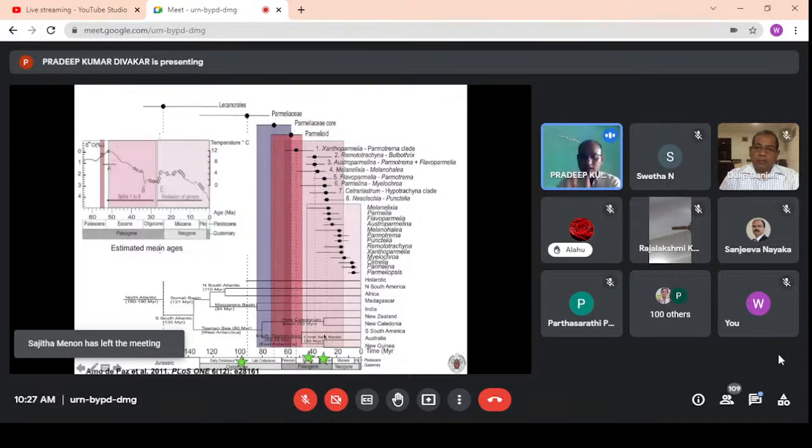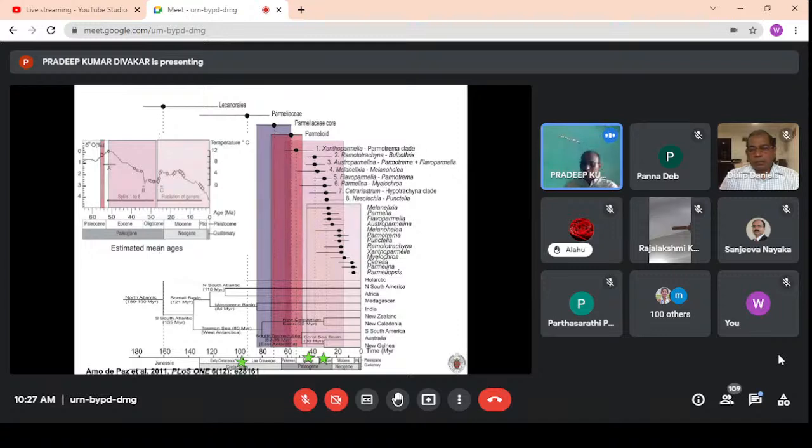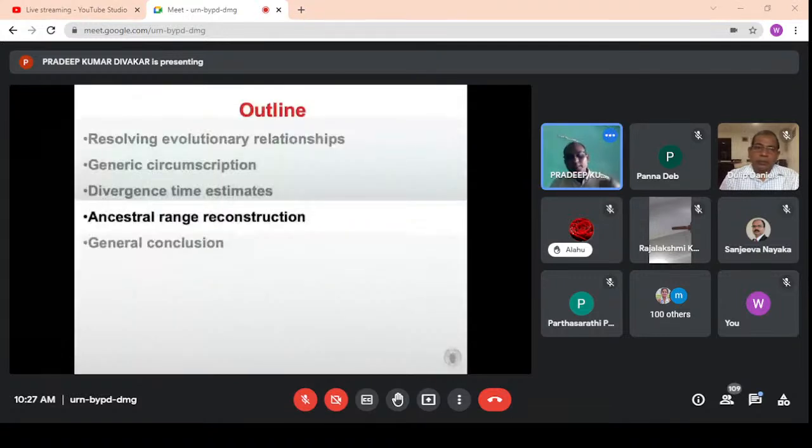So these were also helpful from phylogeny, as it can also be applied for the molecular dating of a particular species, particular group. I could just give an example of the Parmeliaceae. And it has also been applied to reconstruct the ancestral state.